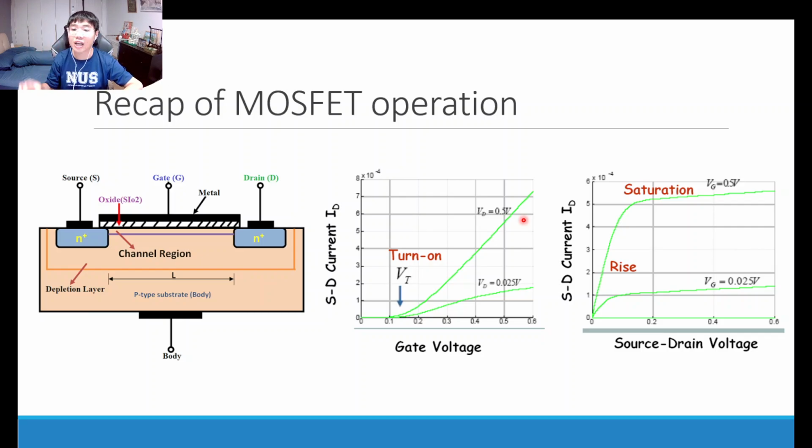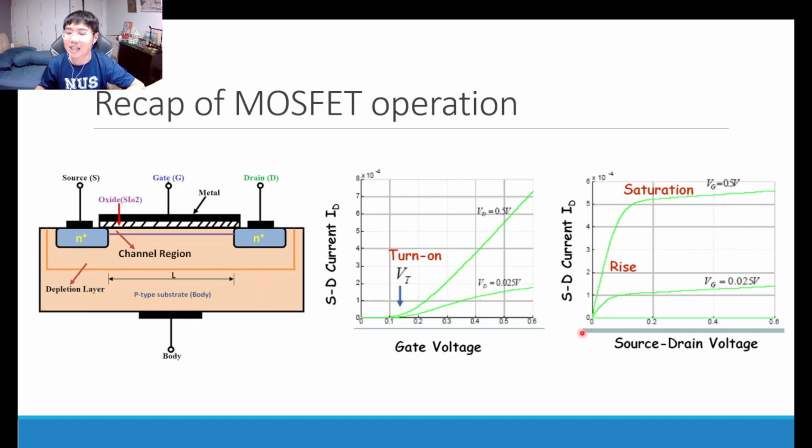Now let us take a look at the graph of the source to drain current plotted against the source drain voltage as the x-axis at two gate voltages, of course one smaller and one larger. Expectedly, if gate voltage is larger than the threshold voltage, source to drain current is able to flow, with the larger gate voltage allowing a larger eventual current to be achieved between the source and the drain.